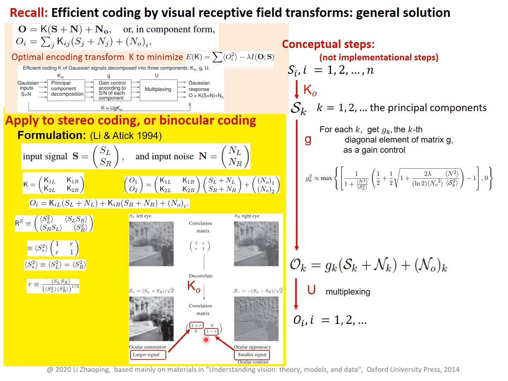These signal powers provide the signal to noise ratios for this formula to calculate the gain needed to gain control each of the channels. This is for the summation channel, and this is for the difference channel.